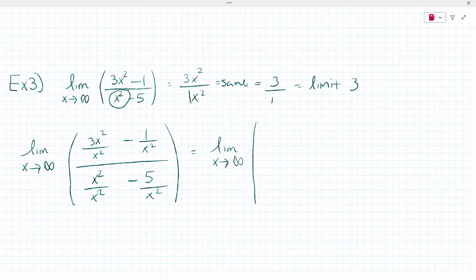What's 3x squared over x squared? That's just 3, minus 1 over x squared. And then x squared over x squared is 1, minus 5 over x squared.